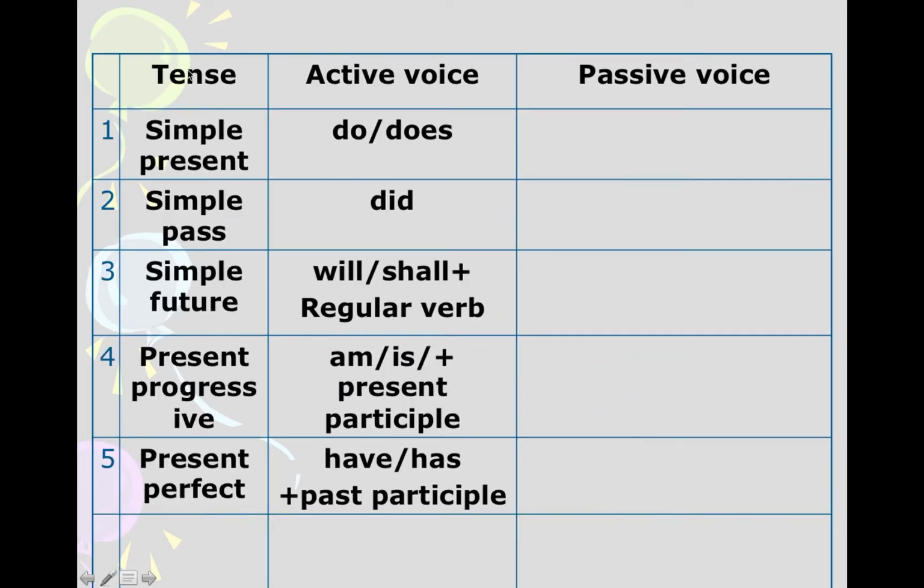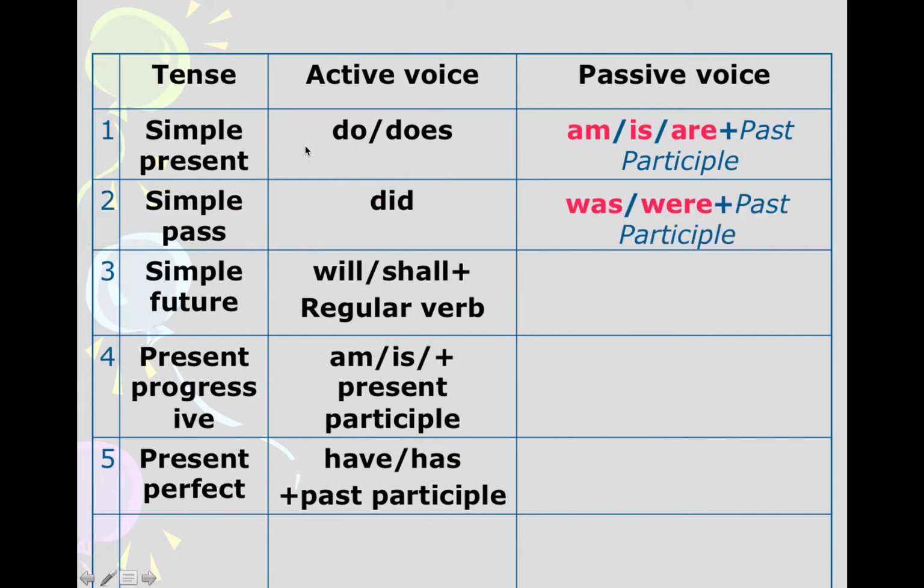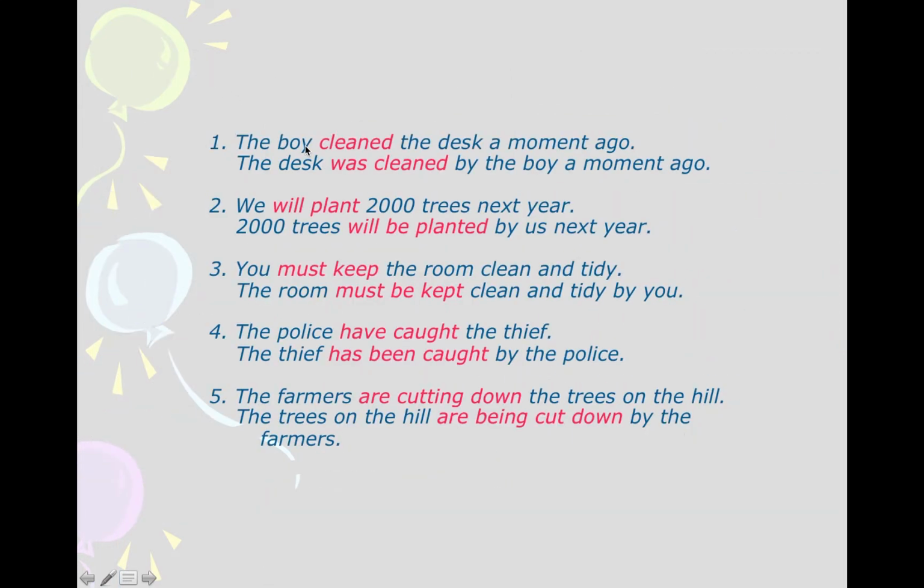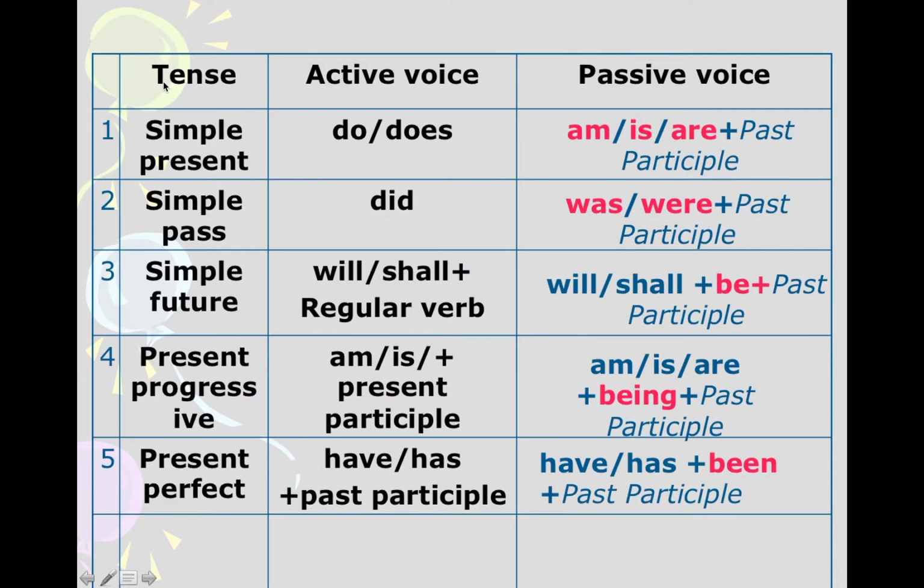Okay, here are some tenses of the active voice and passive voice. Let me show you all of those words. Okay, this is simple present. For the simple present in active voice, we use do and does plus a verb.